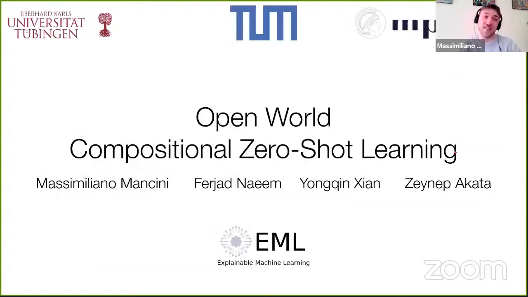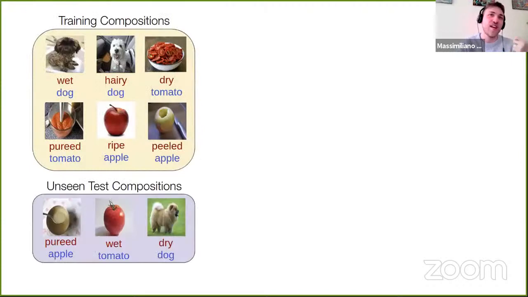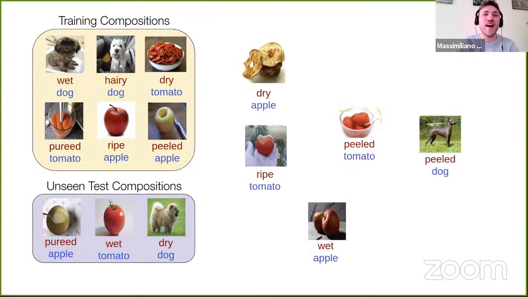This is super challenging because, if you have training compositions and unseen test compositions in a standard compositional zero-shot learning, you have other compositions, many more compositions that you didn't consider a priori, because if you don't assume any prior, you cannot detect this set of unseen test compositions, but you have to assume that all compositions of states and objects may be available at test time.